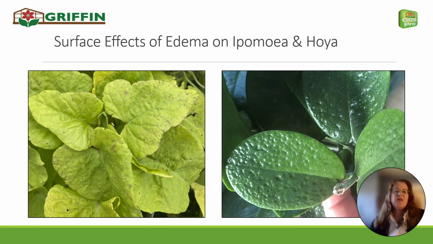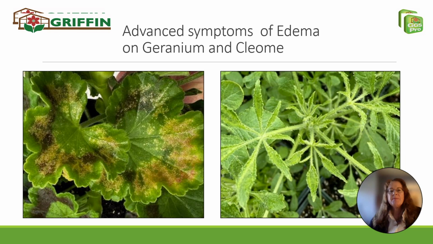Another example of edema, in this case we said intumescence is common on the sweet potatoes, but this is a case of edema on the yellow sweet potato on the left and the Hoya on the right. You see on the Hoya that normally smooth leaf has an orange peel look to it. So the foliage of both of these plants is highly affected by the edema.